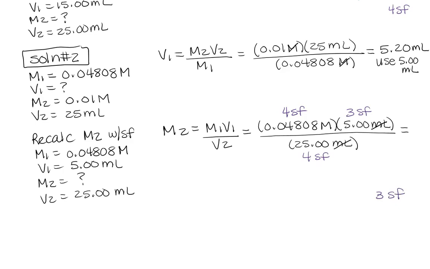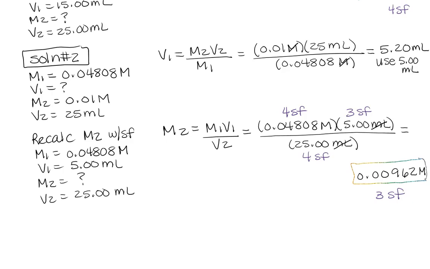So doing the math, 0.04808 times 5 divided by 25 gives us 0.00962 molar. That's pretty close to 0.01, but again, we're dealing with the proper precision here.